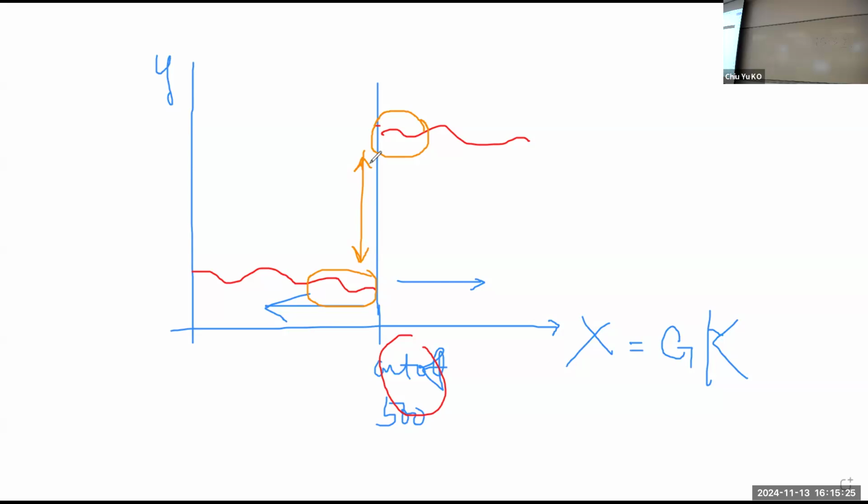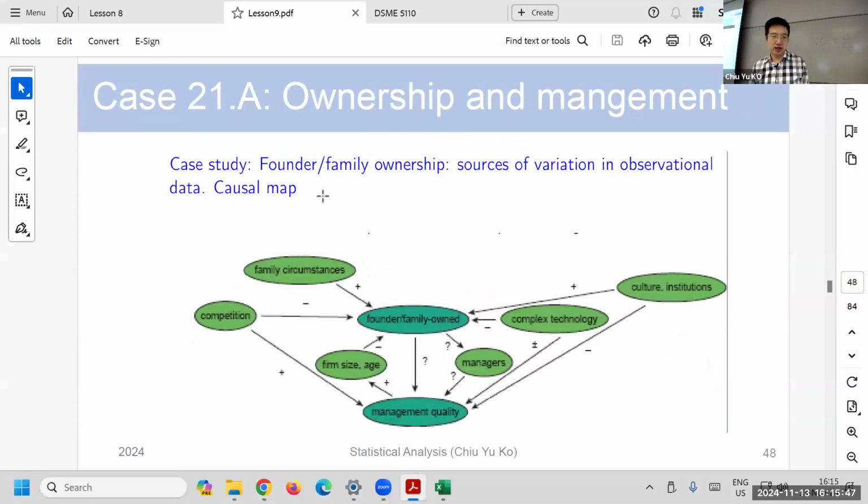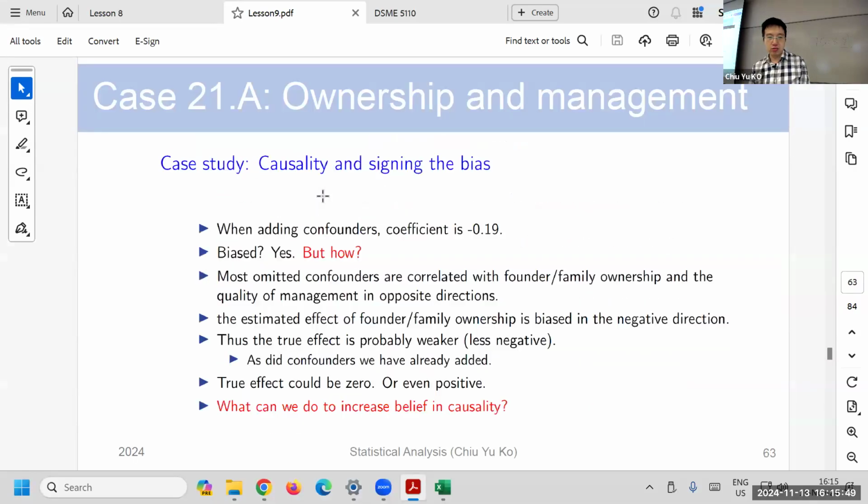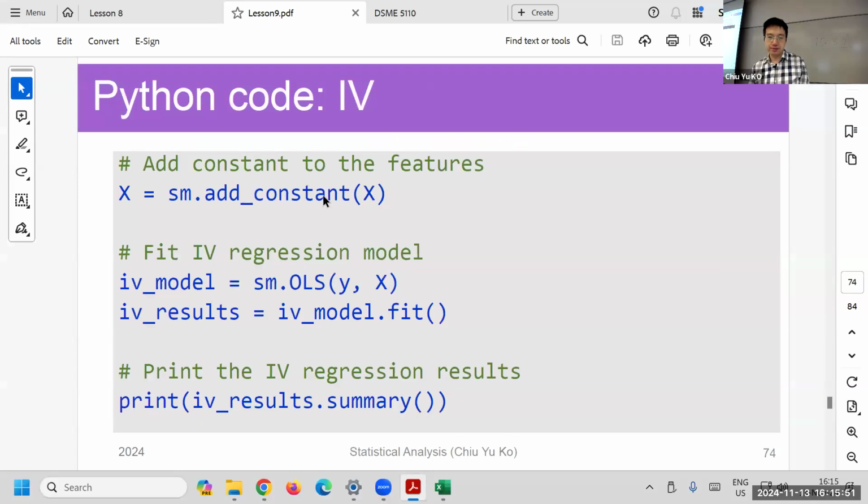So by comparing just before and after the cutoff a little bit, then you will know what the difference is. Okay, so that is called regression discontinuity, but I'm not going into the detail of it because even the book doesn't include it. They just mention, oh, there's something that can be done. So that's why I just want to mention it here.